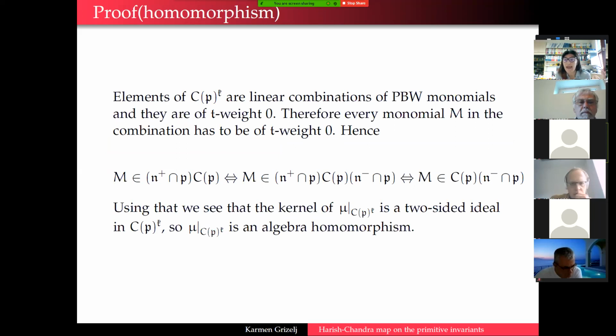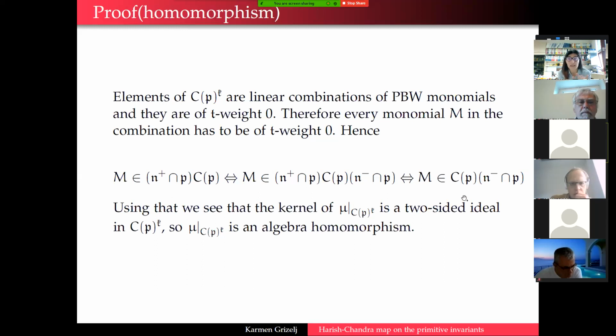So again, we use this Poincaré-Birkhoff-Witt basis, and we conclude that every monomial in the linear combinations of those basis elements in K invariants has to be of T weight 0. That's why we can conclude that such a monomial belongs to this set if and only if it belongs to this set.